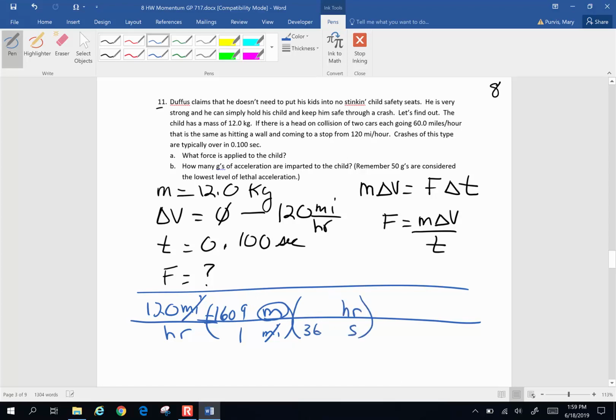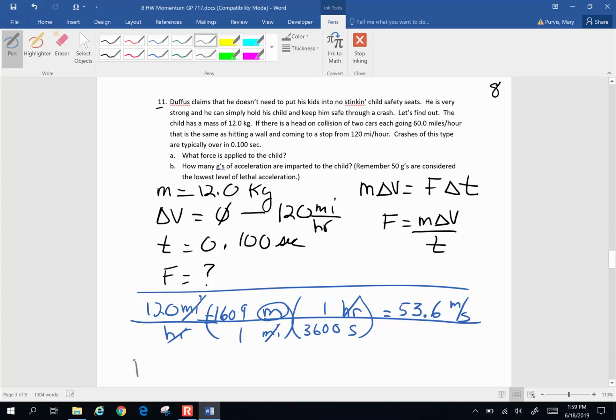There's 3600 seconds in 1 hour. Let's see what we get: 120 times 1609 divided by 3600, and I've got 53.6 meters per second.